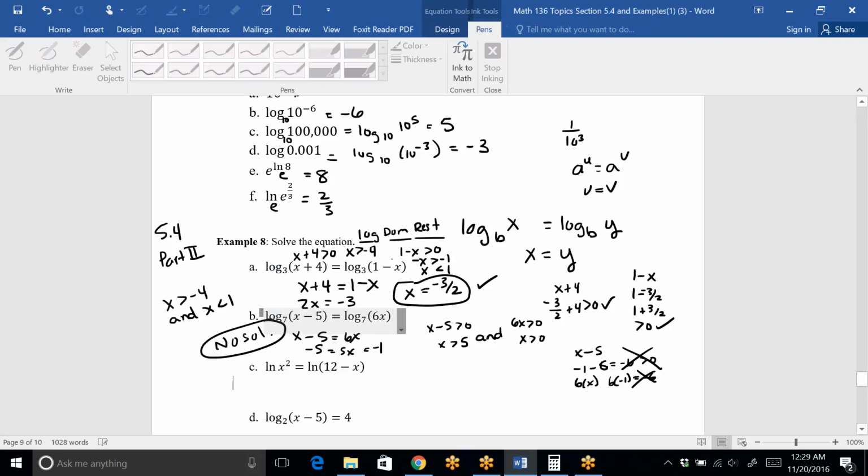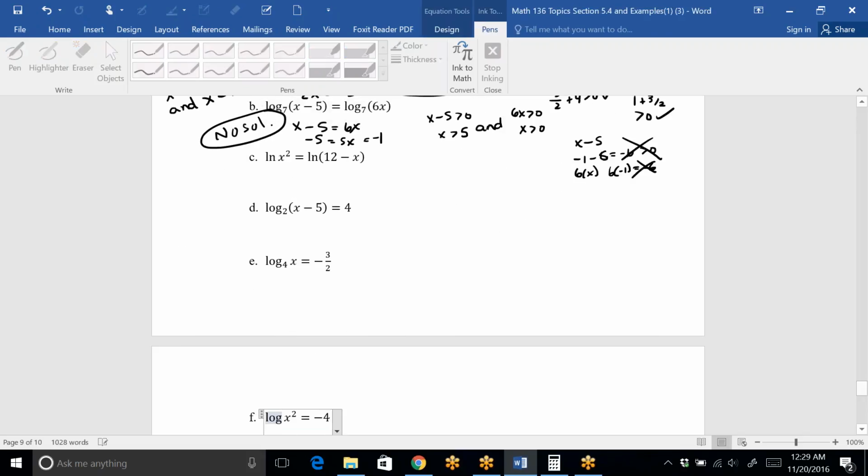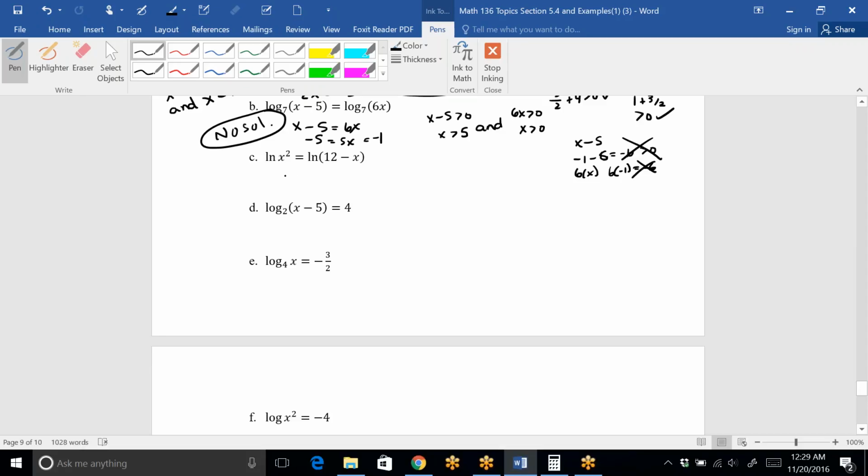A lot of people don't see C as this situation, but it is two natural logs which are both base e, and they're on opposite sides, one on each side, so we set these equal. This would then be x squared equals 12 minus x. Move everything to one side by adding and subtracting.